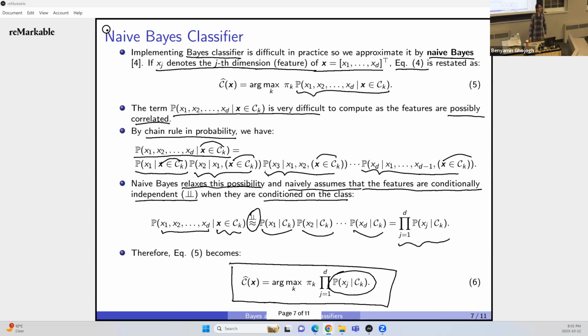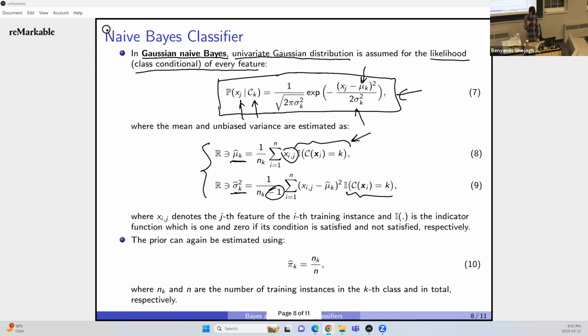And equation 6 is the test phase then. So for any given input x, I can estimate its class, right? And this input x can be either a training data point or a test data point. Note that equations 8 and 9 are using training data points, right? But also this is a training data point.